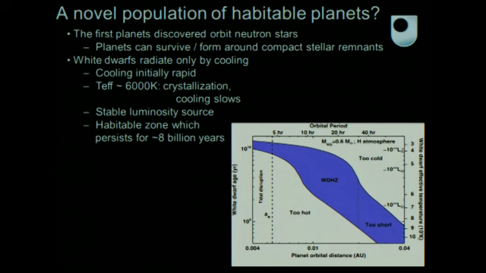And it turns out that planets can survive around compact stellar remnants like that. And surprisingly, the way that white dwarf stars cool actually leads to conditions where you could have habitable temperatures on planets for up to 8 billion years as the white dwarf is cooling.